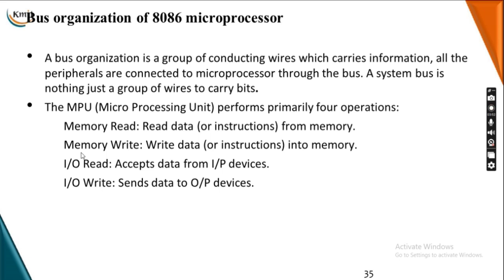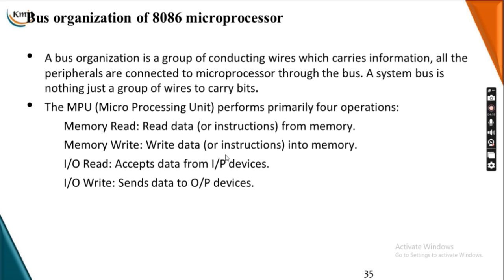Second, memory write. It writes the data or any instructions into the memory. So read from memory, write into the memory. These are the first 2 operations depending upon the memory.